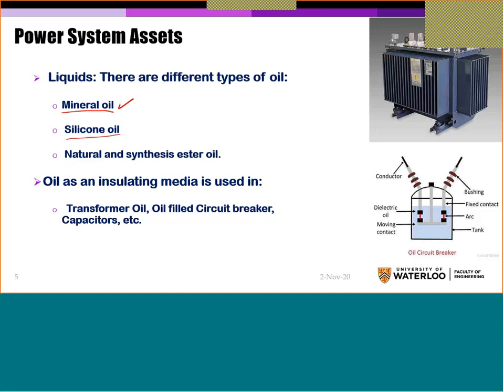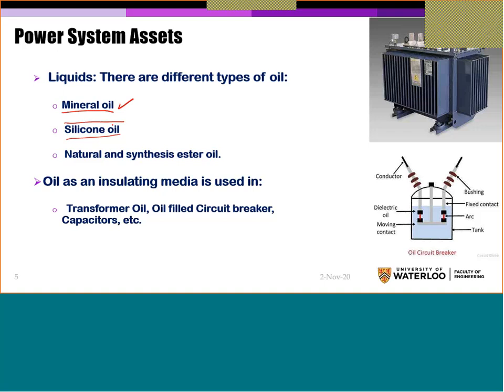But we also use silicon oil. Silicon oil, when it comes to cost, is more expensive than mineral oil. But it has an advantage: the fire point, or the point at which the oil will explode, is much higher than mineral oil. So silicon oil is used in transformers where the hazard of fire is very critical, like schools, high-rise buildings, or hospitals.